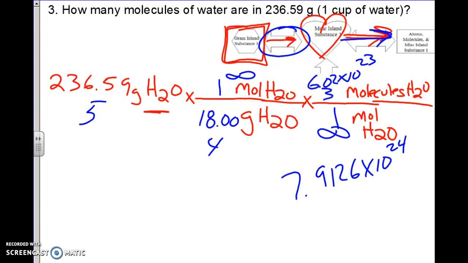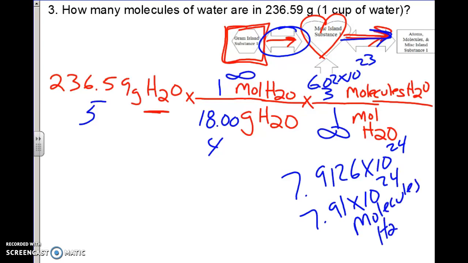So our answer would only be able to have 3 significant digits. 7.91 times 10 to the 24th molecules of H2O. Feel free to go back and look at that problem again. Try that problem again if you need to. Come in for help if you need it.